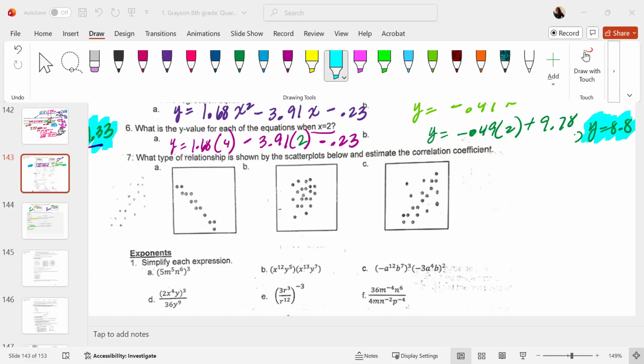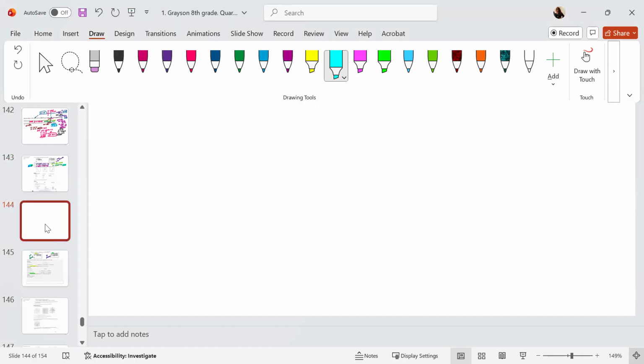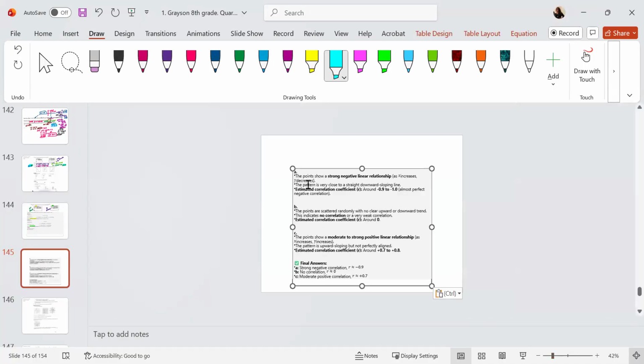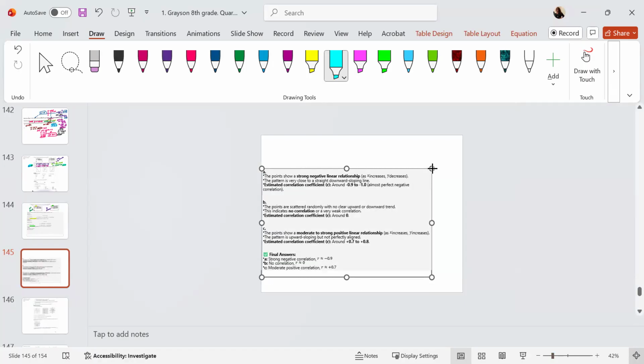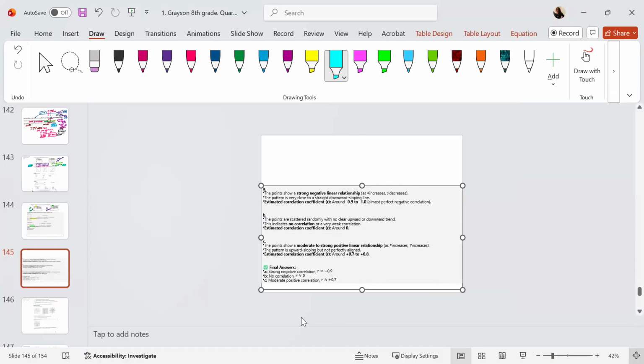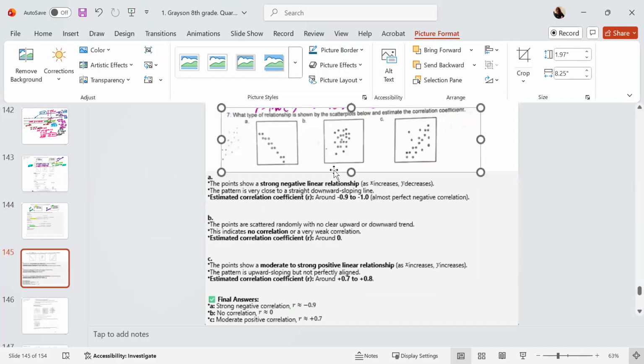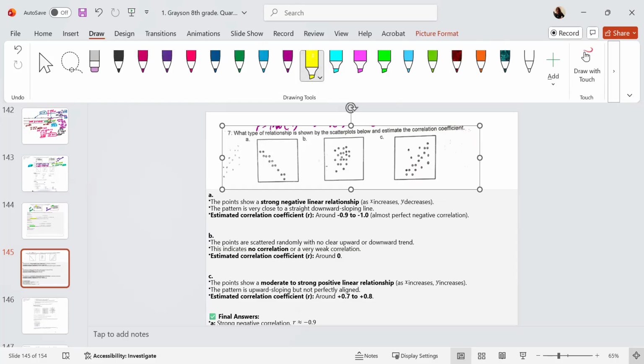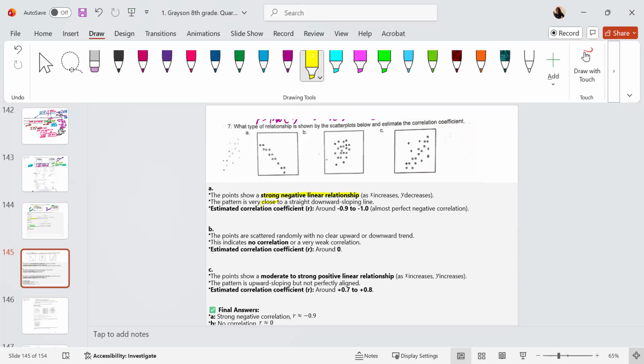Okay, so the actual wording for this one, I'm going to show it to you right here. Okay, so when you look at this part right here, the first one, the best way to describe it is going to be a strong negative linear relationship.